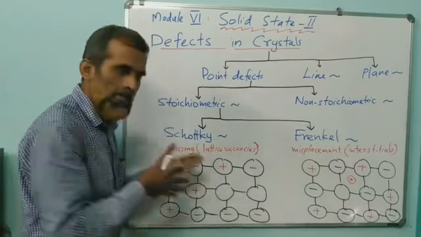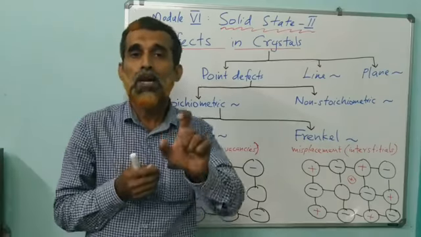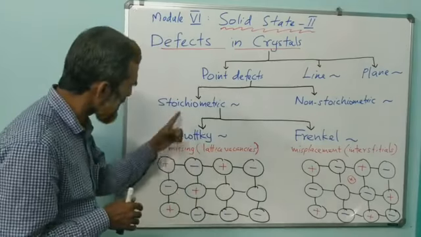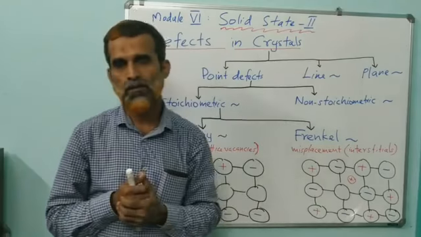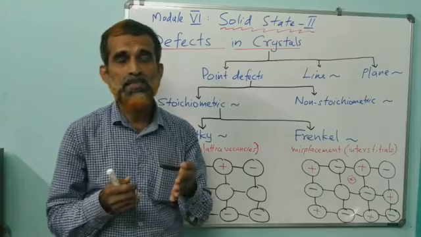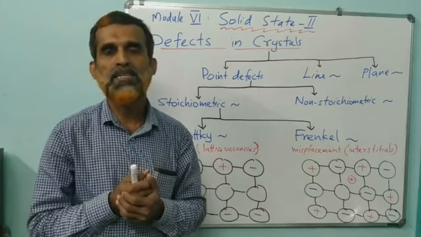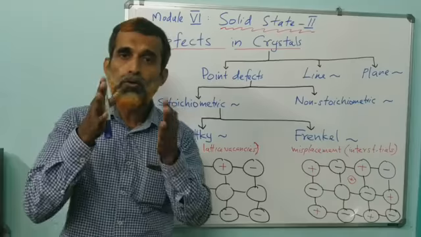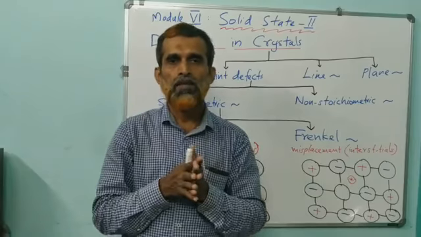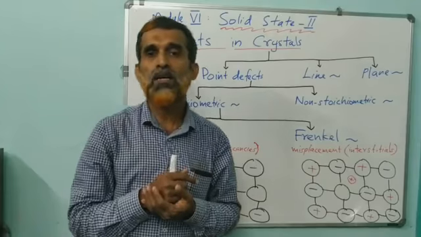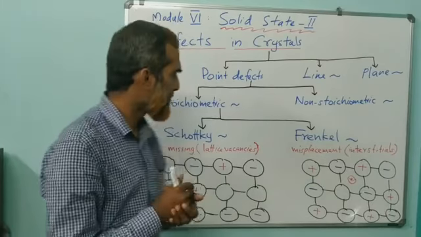Due to the defect, there is no change in the ratio of the ions as given in the formula. Non-stoichiometric defects are defects which change the stoichiometry of the compound, so that the ratio of ions does not match the stoichiometric formula.